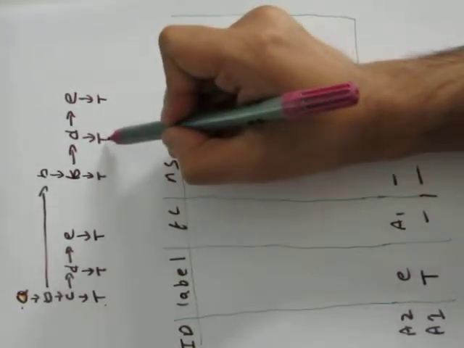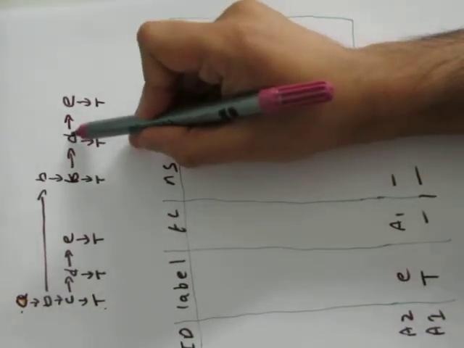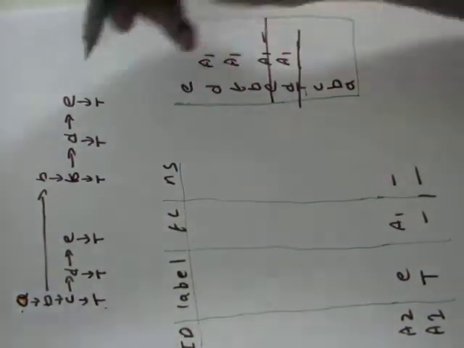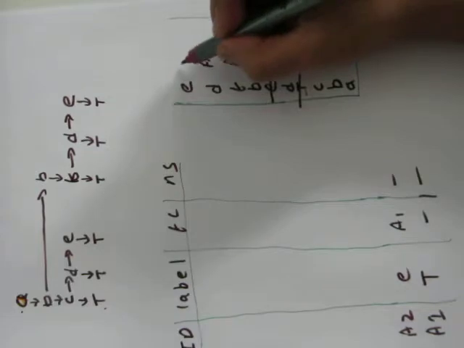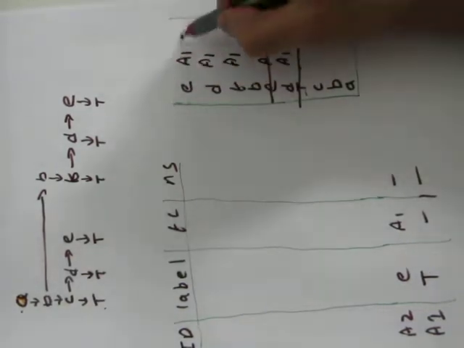We write D here. This D is pointing to T, that is already known, A1. And the next sibling of this D is E. We write E here. E is pointing to T, that is the first child, and that is known, A1, and E doesn't have a next sibling, so it's blank.